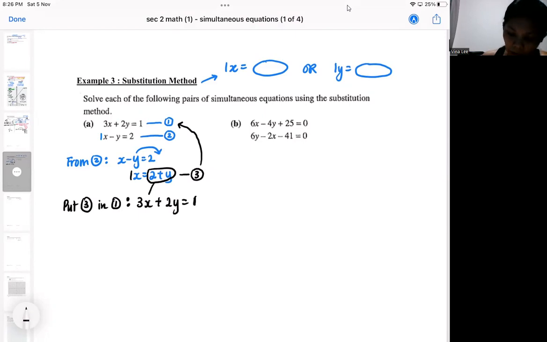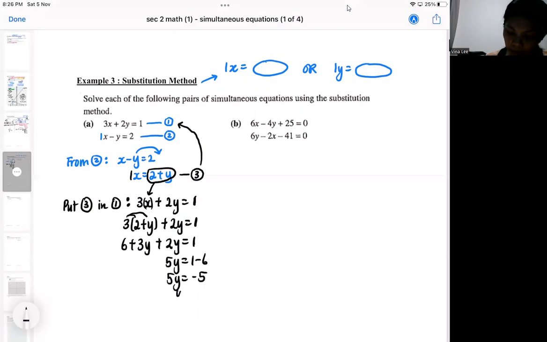Meaning the whole x will become 2 plus y. And then you do like sec 1 algebra, go and open up. You will find your value for y.